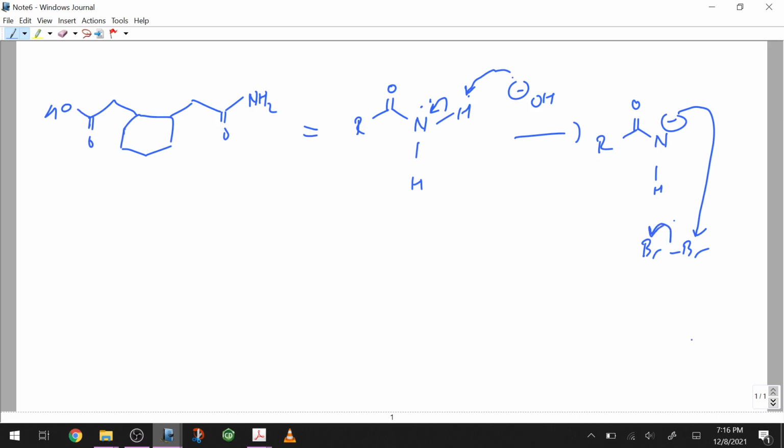So we end up with bromination of the nitrogen, like so. Now, we then have a second deprotonation, which gets me here.